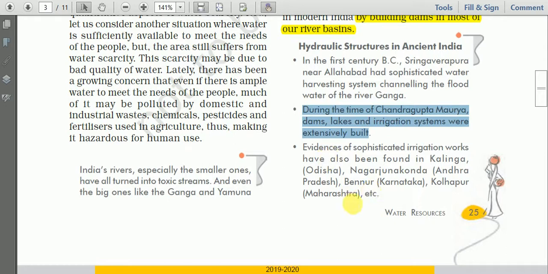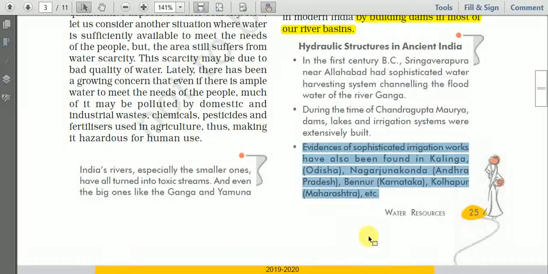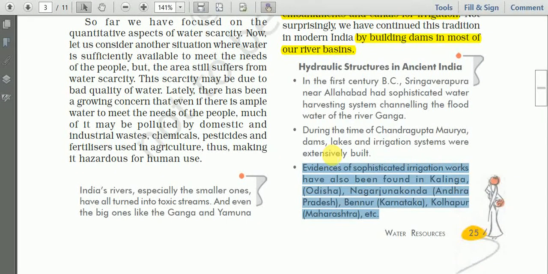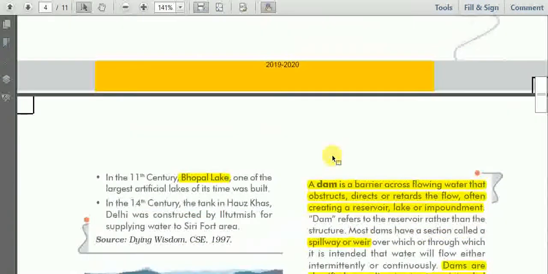Evidences of sophisticated irrigation works have also been found in Kalinga, that is in Orissa, Nagarjuna Konda in Andhra Pradesh, Banur in Karnataka, Kolhapur in Maharashtra. So these are the different ways the ancient people conserved and managed water resources.